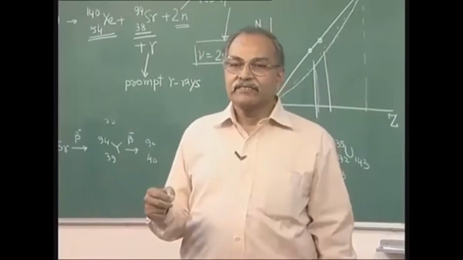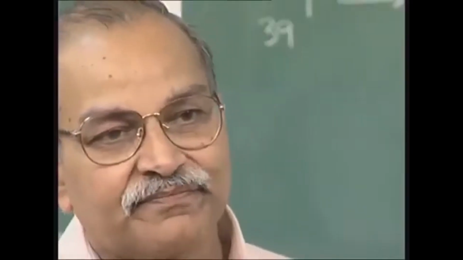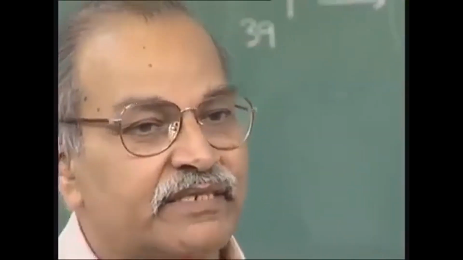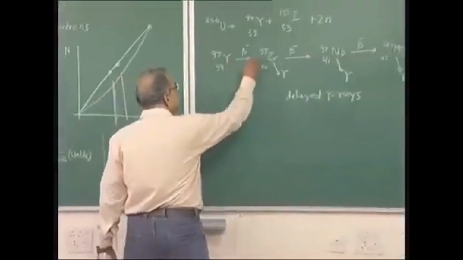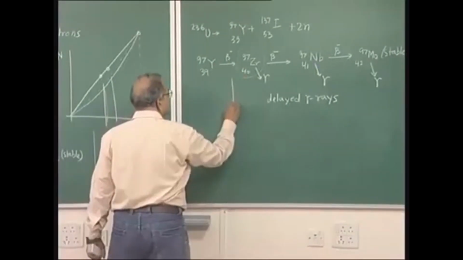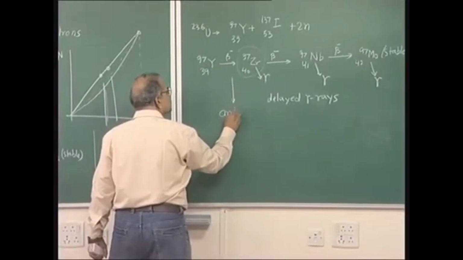The rest is distributed among the kinetic energy of the prompt neutrons, the beta particles, the prompt gamma rays, delayed gamma rays, delayed neutrons, and one more thing, antineutrinos. In these beta reactions you also have antineutrinos.